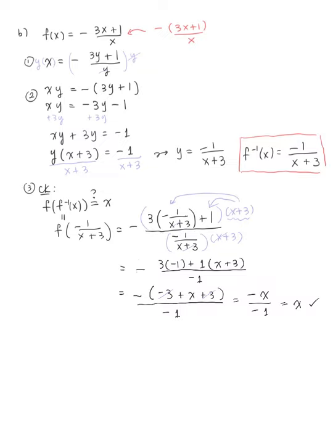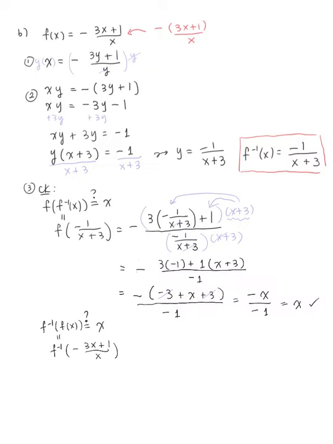All right, looking good. Now we need to check f inverse of f of x. Is that going to equal x? All right, so ready? We have f inverse of f of x. What was my f of x? We have negative (3x plus 1) all over x. Is that right? Yep.